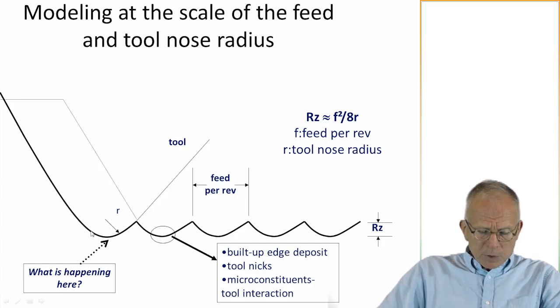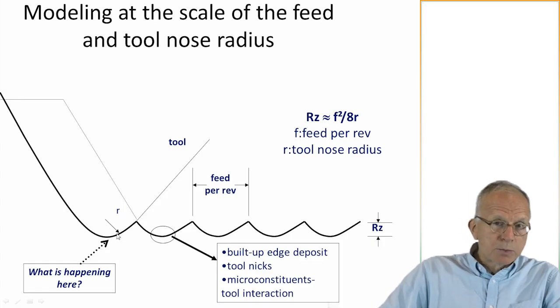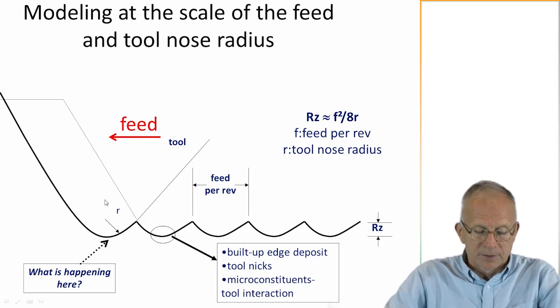But right here this is where the surface is being generated that we're leaving behind. This is the surface we're going to use, right here at the tool nose. And this is a much more complicated deformation zone than this one up here, because it's trying to shear that way and shear that way. And there's the feed.